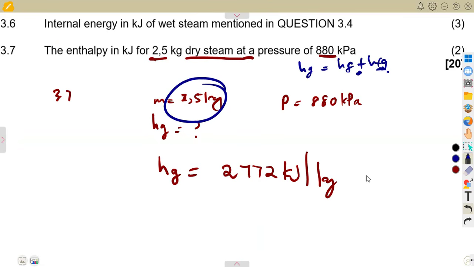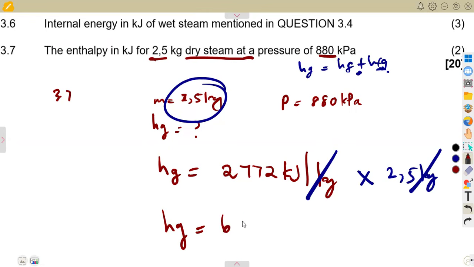So the moment we multiply this by a mass of 2,5 kilograms, the per kilogram and the kilogram cancel. You obtain Hg directly in kilojoules, which gives us 6,930 kilojoules. It's no longer per kilogram. There are so many questions that we need from this question paper of the November 2023 exam. But for now, that's it, guys. Till we meet again. That's 20 marks for that.